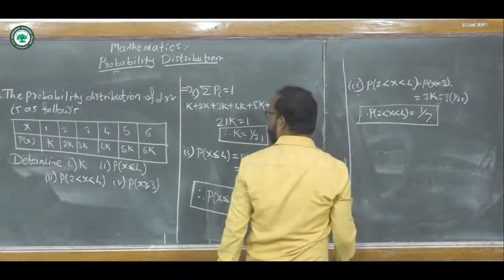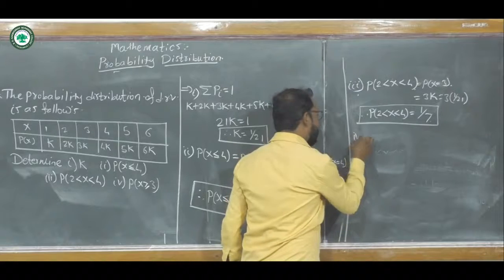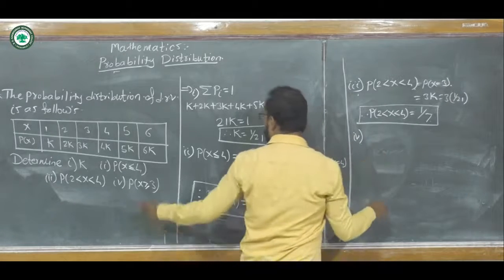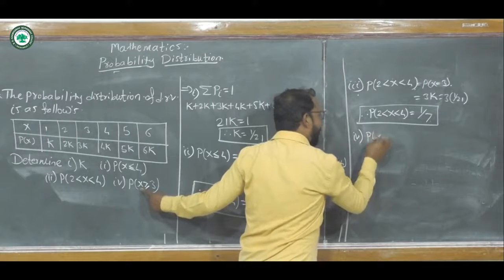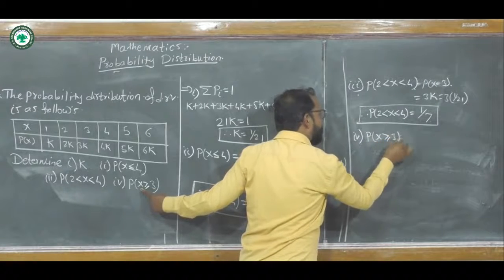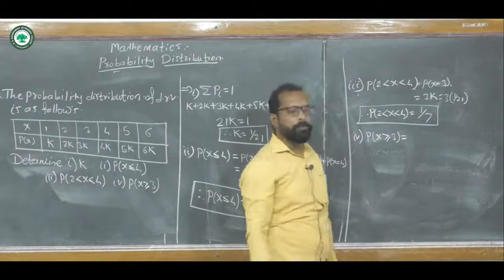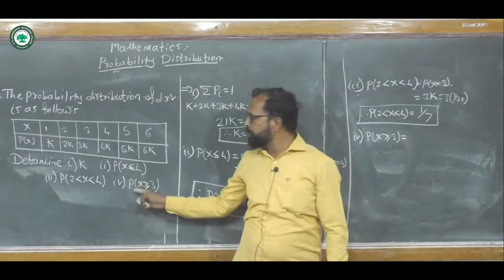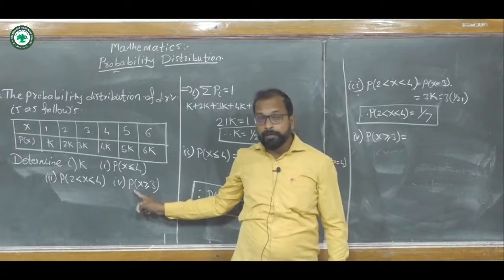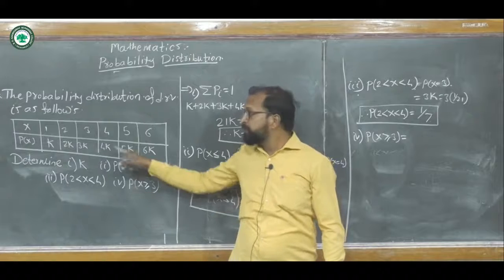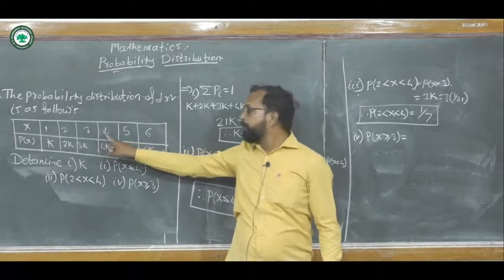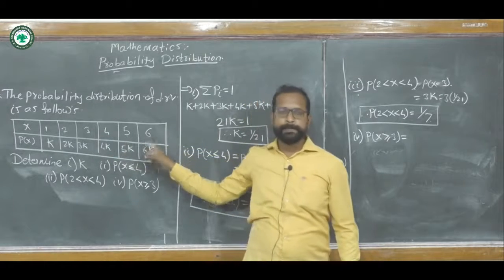Now the fourth and last sub question: here we have to find the probability that x is greater than or equals to 3. The values of x which are greater than or equal to 3 are 3, 4, 5 and 6.